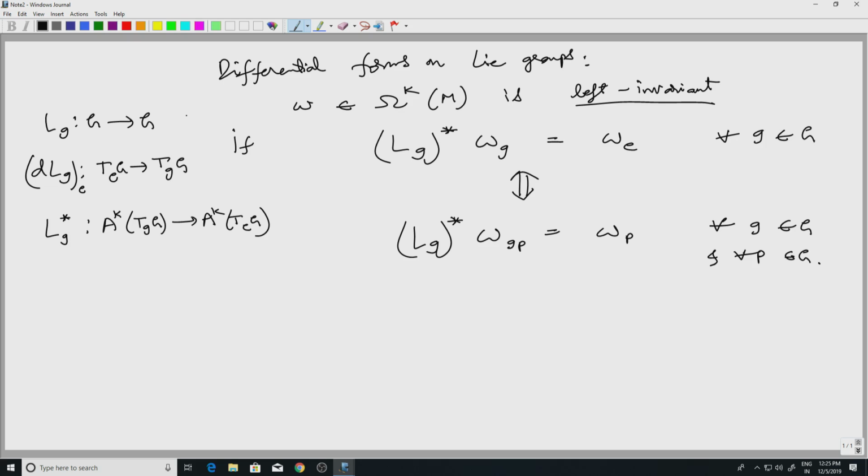So p goes to gp under left translation, so the corresponding map on K forms will go in the opposite direction, and it will give me this. And so this is one thing.